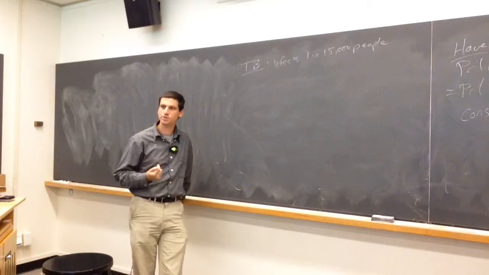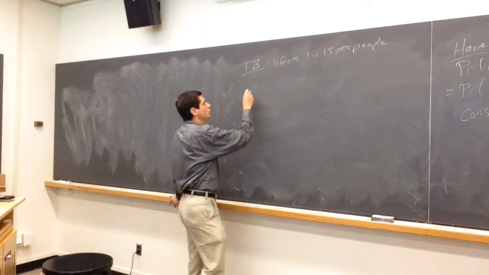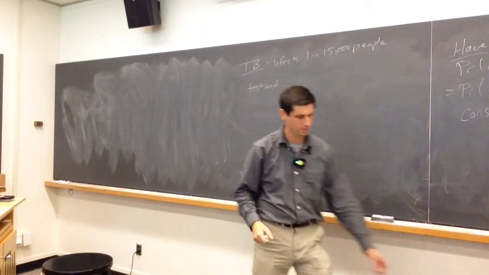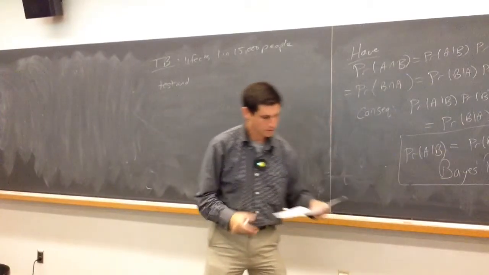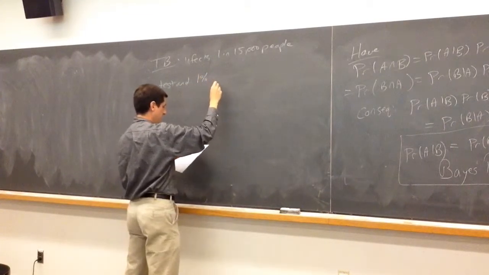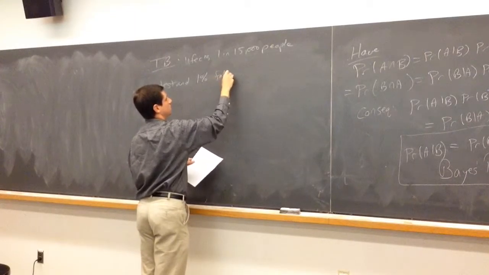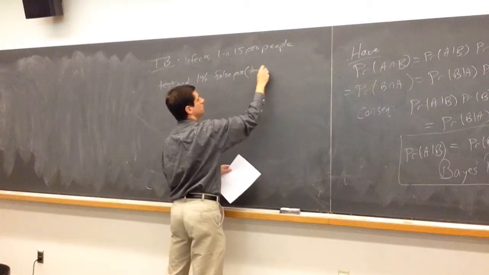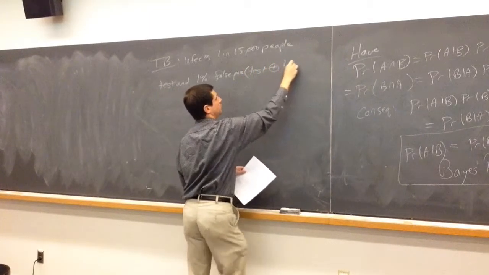So we want to find out who has tuberculosis, so we're going to give tests. So we have a test, and I want to make sure I just get the numbers right. So we have 1% of the time is a false positive. So what that means is you test positive, but you're healthy.